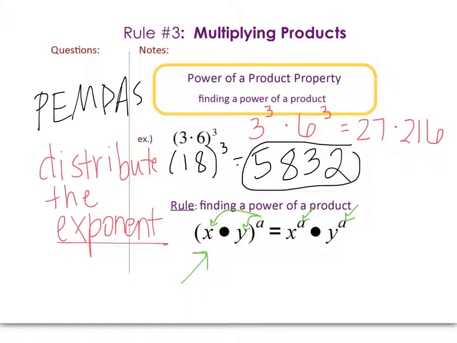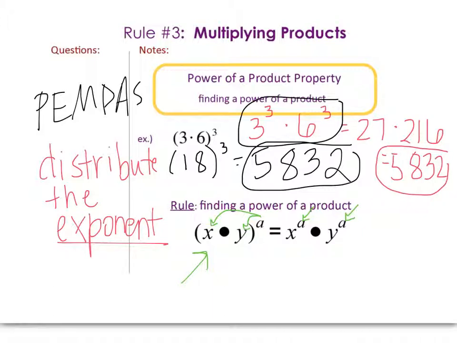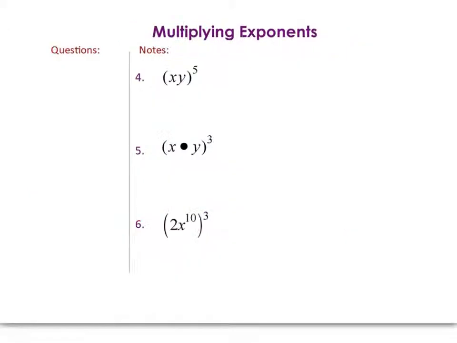Well, 216 times 27 equals 5,832. So this rule of distributing the exponent and leaving it as an exponent, I'm not multiplying 3 and 3 and 6 and 3. I'm keeping it an exponent, but that allows me to maybe simplify my problem and get one number answer or a more condensed answer without parentheses.